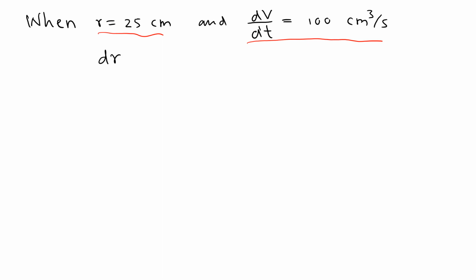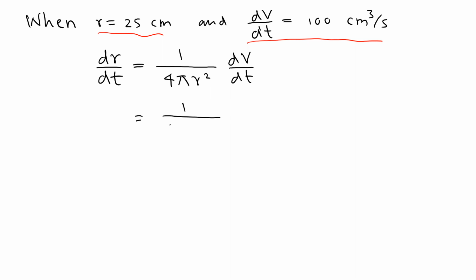So we can write the same equation like this. dr over dt equals, if you divide both sides by 4 pi r squared, 1 over 4 pi r squared times dV over dt. So it's a good idea to write it like that. And then we're going to plug in the values. So we have 1 over 4 pi, and r is 25 centimeters, so 25 centimeters squared, times dV over dt. dV over dt is 100 cubic centimeters per second.